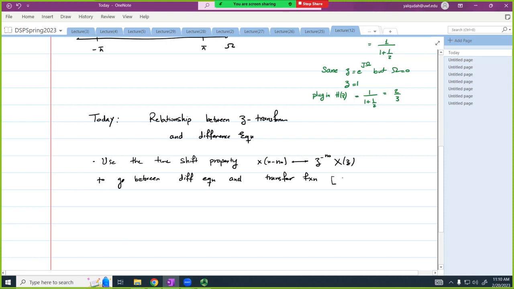And this is valid for right-sided sequences, which is what we're interested in.